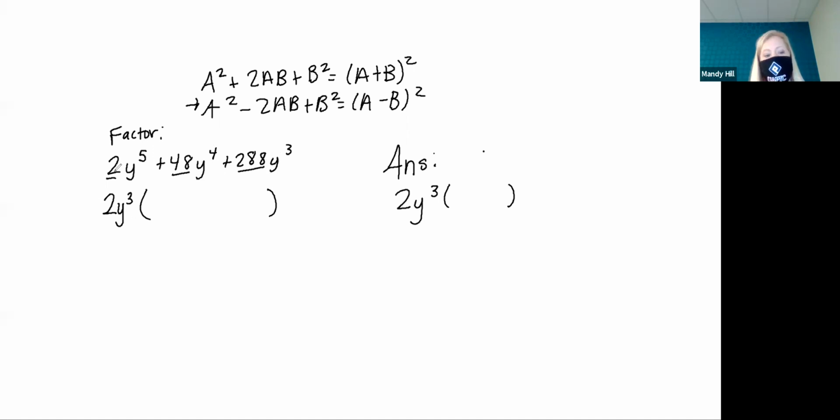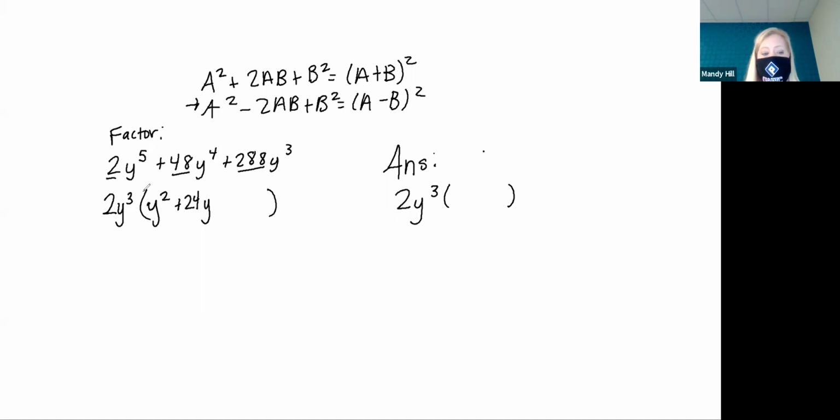So if I take a 2 out of 2, I don't have any numbers there, but if I take a y to the third out of y to the fifth, remember that you would do 5 minus 3, so you would just have a y squared right here. I take a 2 out of 48. Well, 48 divided by 2 is 24.